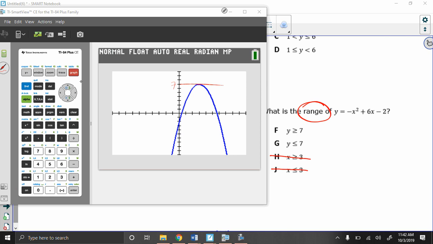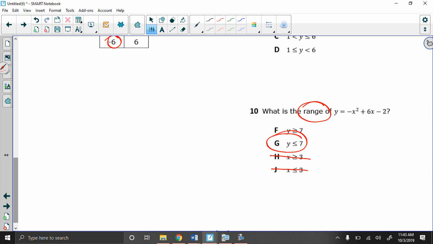So if I wanted greater than 7, my graph would be going that way, but it's not. My graph is going less than 7, so all of my values are going to be less than or equal to 7, which would be answer G. So we would want all of the values less than or equal to 7.